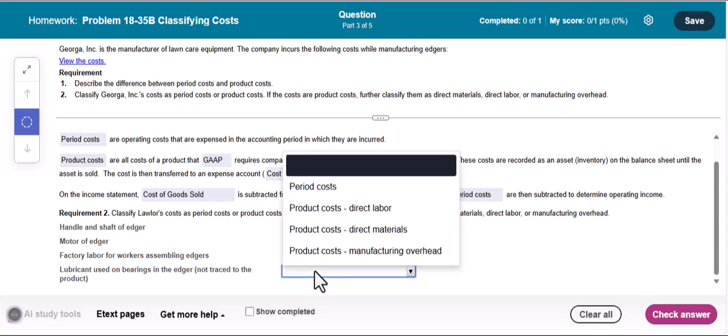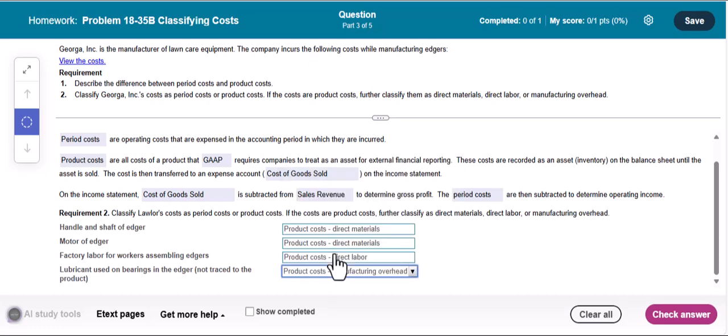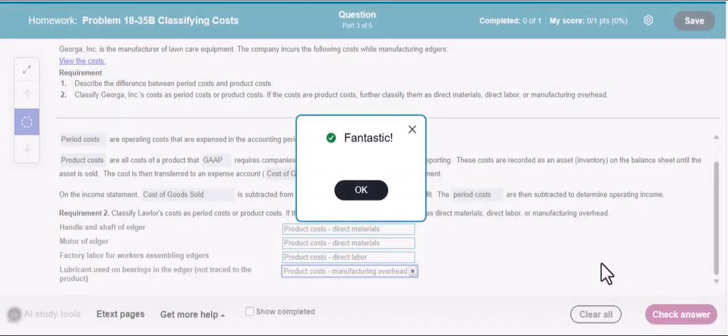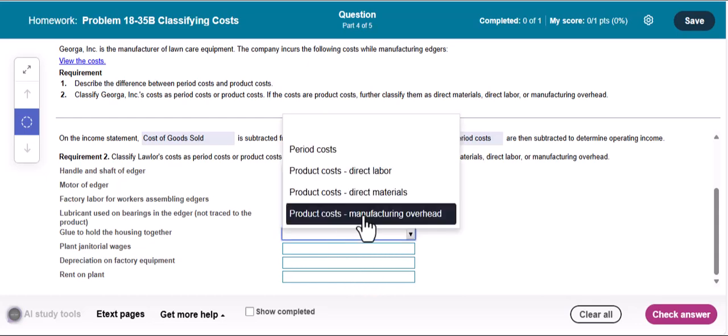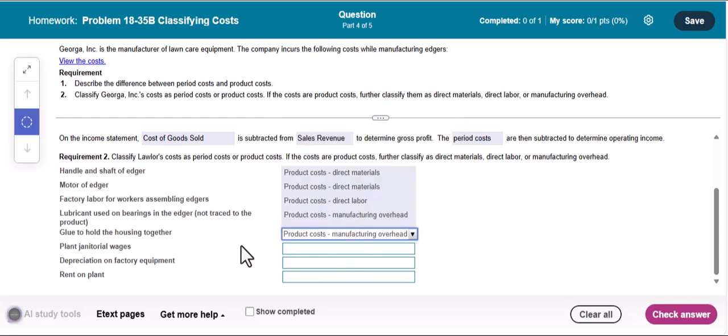So let's go ahead and input product cost, manufacturing overhead. And we can check our answers so far. Fantastic. Okay. So now we have glue to hold the housing together. Now, are they going to sit there and measure how many drops of glue they use on each item? No, this is going to be another indirect material, which again is manufacturing overhead. So let's put product costs, manufacturing overhead there.